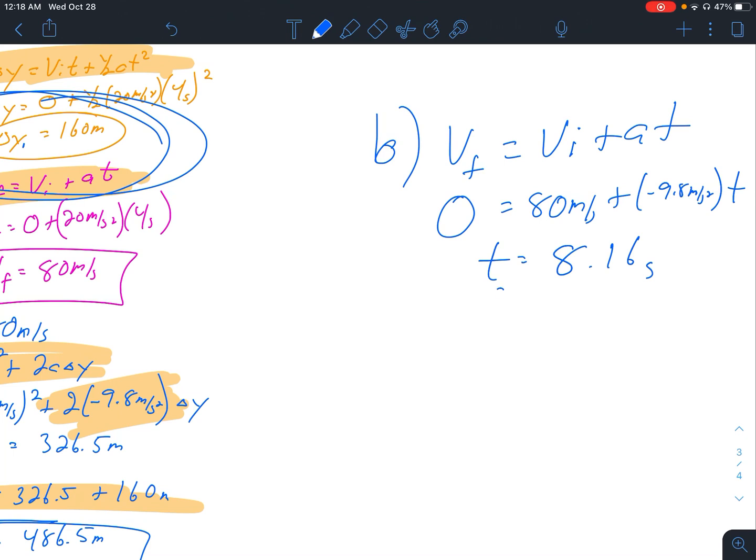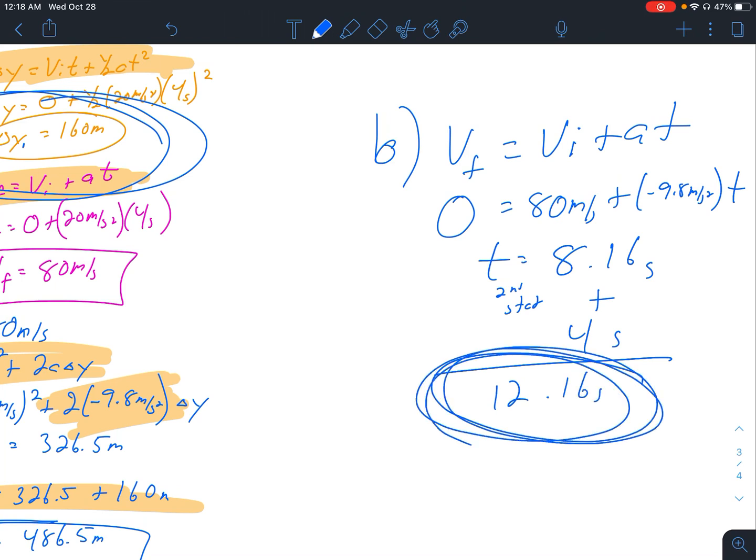Again, this is the second stage. So if we add the 4 seconds from the first one, we get about 12 seconds, or 12.16 seconds total for our time. And that was just to get to the top.